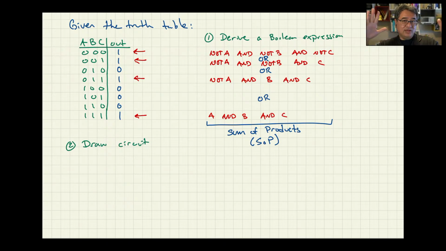We ended up with this big, long expression. You may be wondering, is there a way to simplify it a little bit? And yes, there is. Here's the way I would do it. I would look at some of the pairs of expressions and see if I can simplify those a little bit. If I look at these first two, and I look over here at the table, what's in common between those two rows in the table?